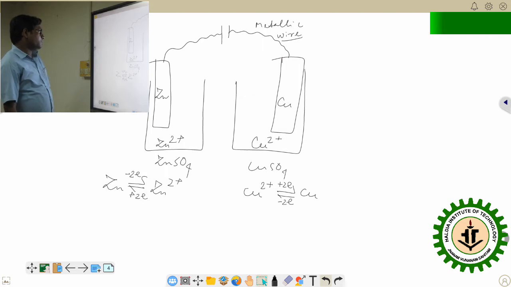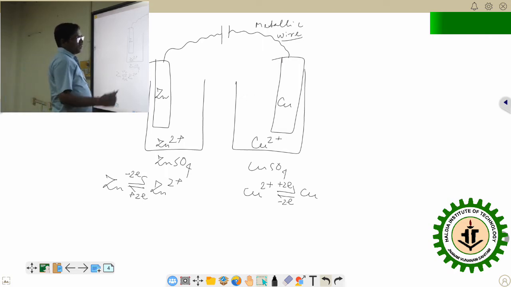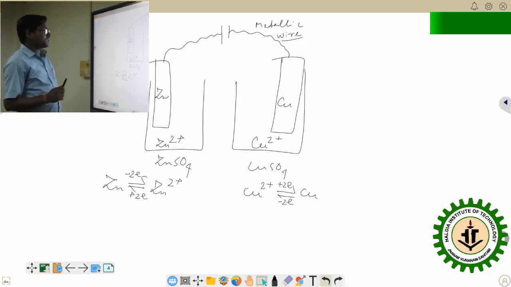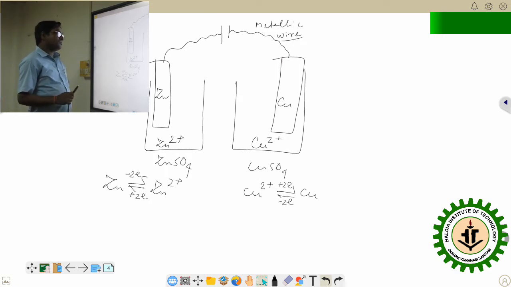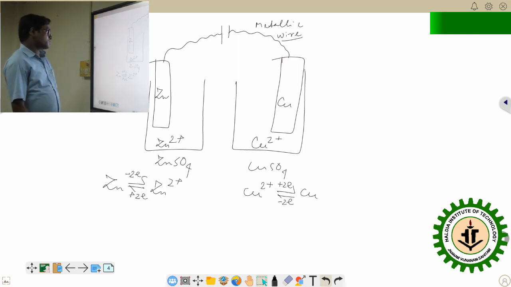Now what is happening there? When we place a zinc rod in the solution of copper sulfate, we observe that copper 2 plus is reduced. So if zinc and copper are in contact, zinc has the tendency to be oxidized first and copper has the tendency to be reduced.